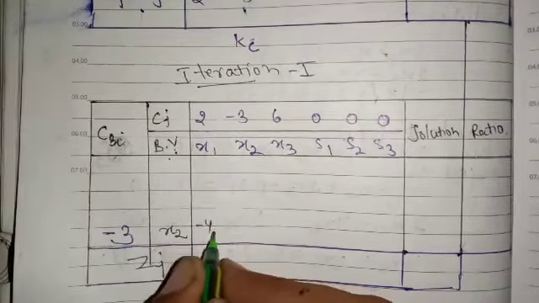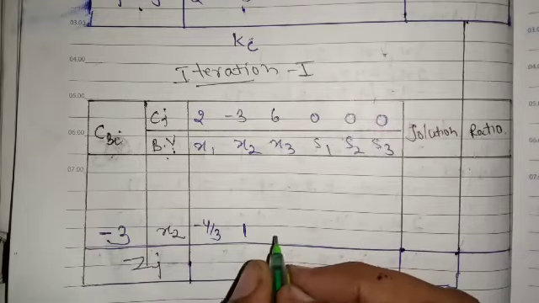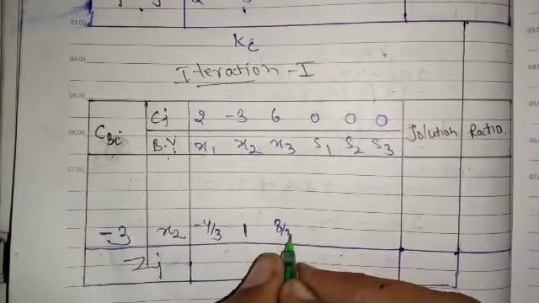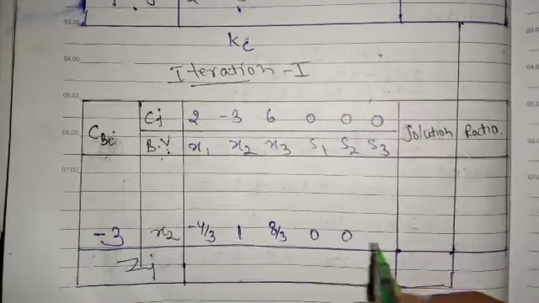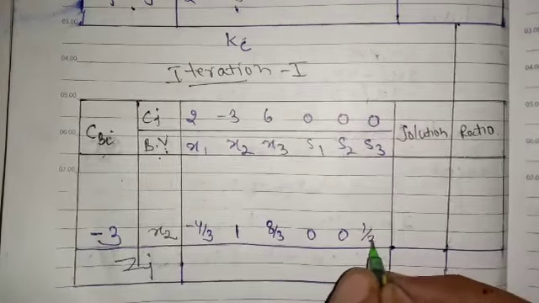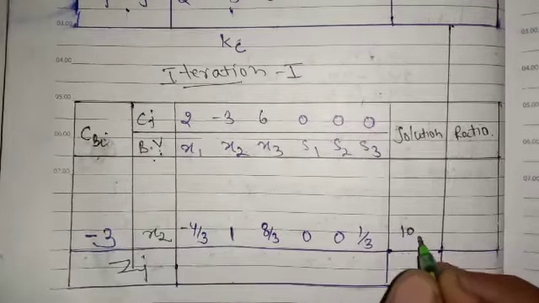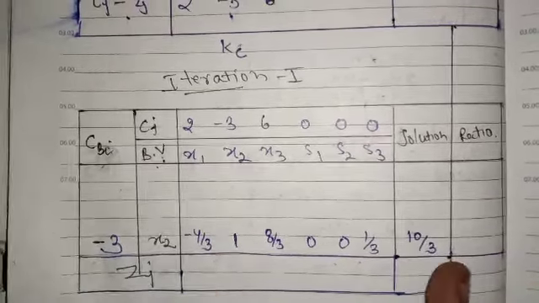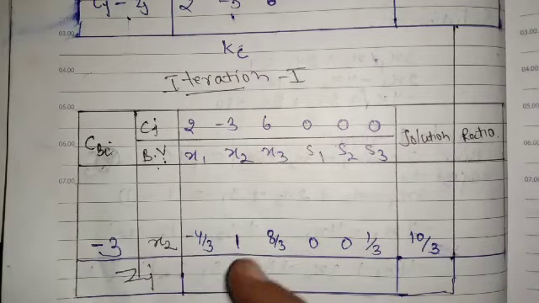So minus 4 divided by 3, 3 divided by 3 is 1, 8 divided by 3, 0 divided by 3 is 0, 0 divided by 3 is 0, 1 divided by 3, and 10 divided by 3. So this is our new value for the entering variable.